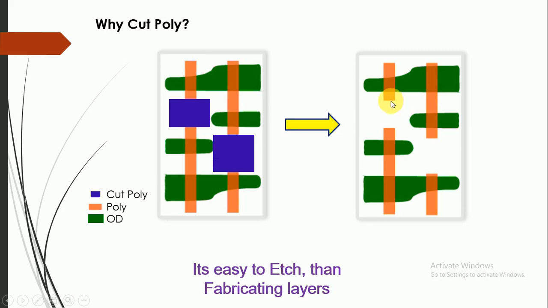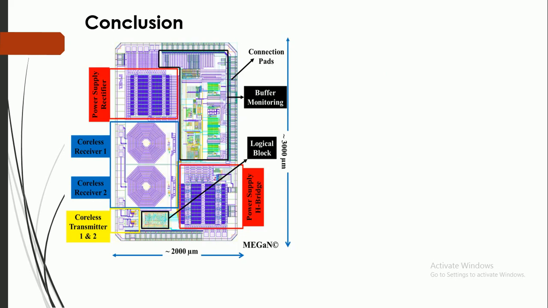That means we will etch out the region between these two polys and separate them. Similarly here as well. Yes, that's the technique. We prefer etching over fabrication. Cool. Then getting to the last part, conclusion.